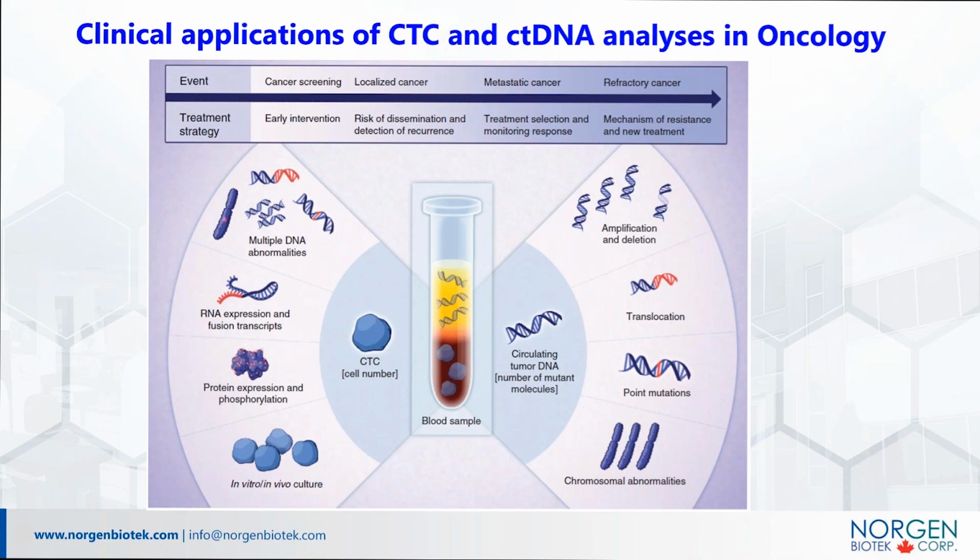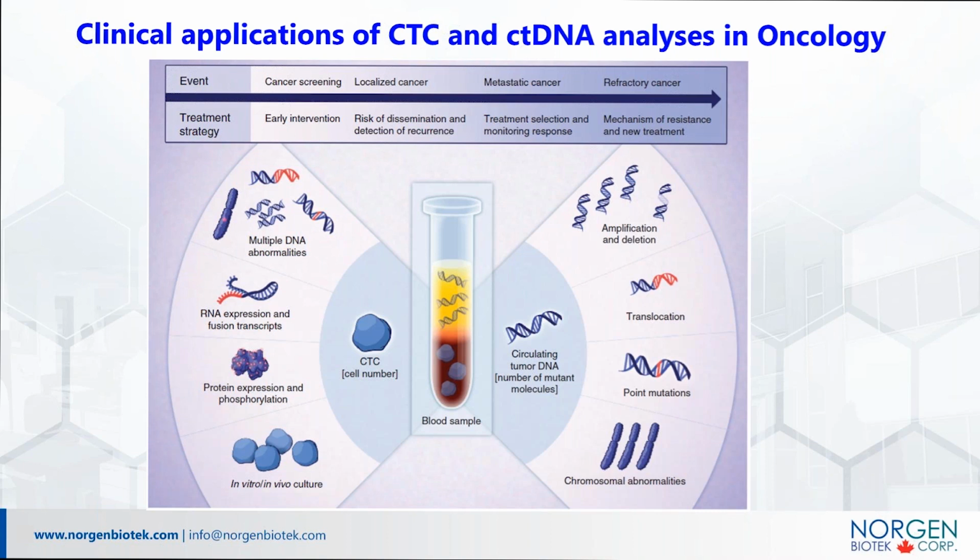That's why, in order to do this, most researchers and scientists are in need of a very good and robust workflow that can help them to collect, preserve, and purify these circulating nucleic acids in their highest quality and quantity. As we know, quality and quantity are very important for all the downstream applications that we are doing in our labs.